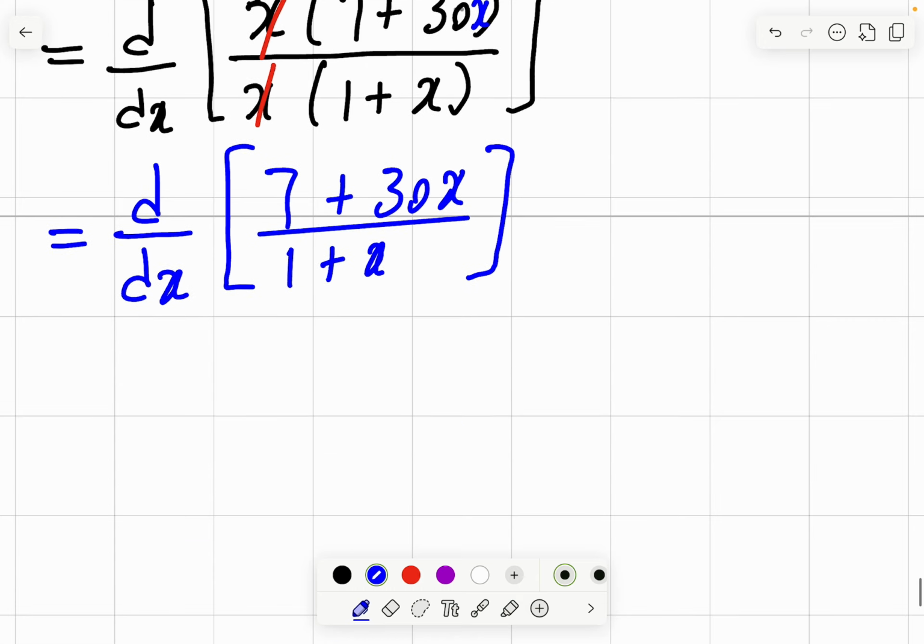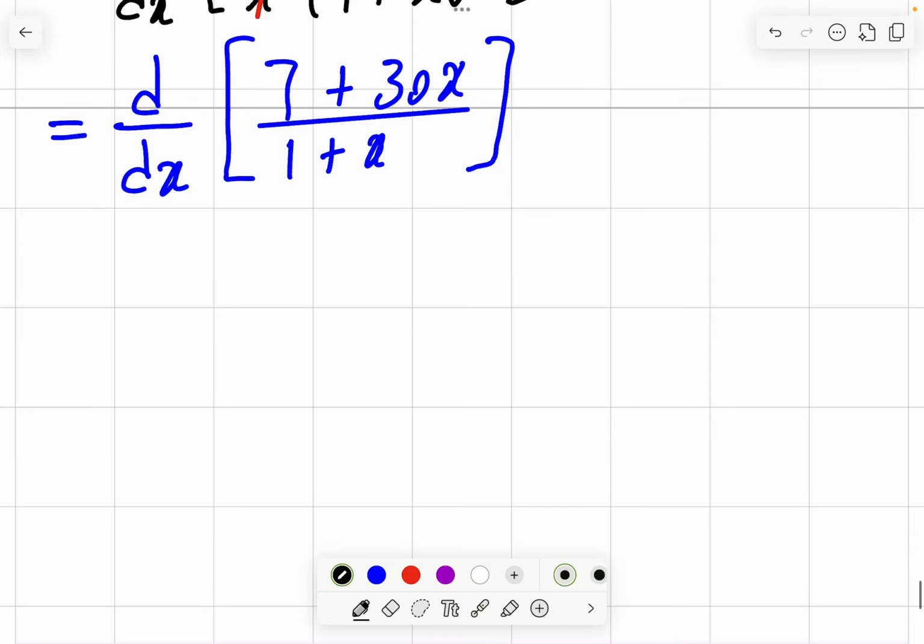So now I can start deriving my function. I leave alone this thing because I am starting to derive now. The derivative of 7 is 0. The derivative of 30x is simply 30. I multiply it by the 1 plus x in the denominator. Subtract.